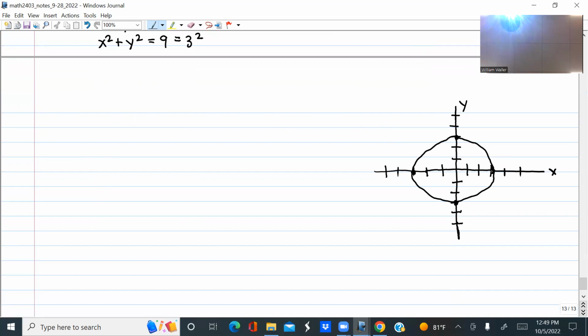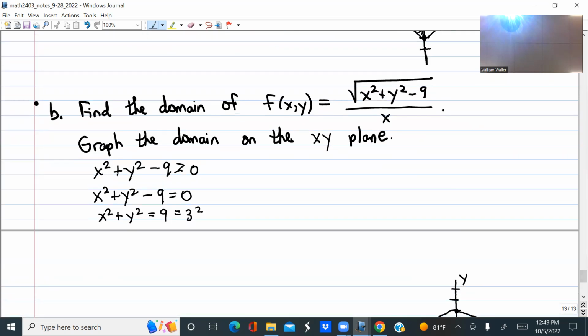So to find the rest of those points, just pick a point inside or outside of the circle and test it. An easy one to pick again is the origin. If you put 0, 0 into this inequality, what happens? You get 0 squared plus 0 squared minus 9 is greater than or equal to 0.